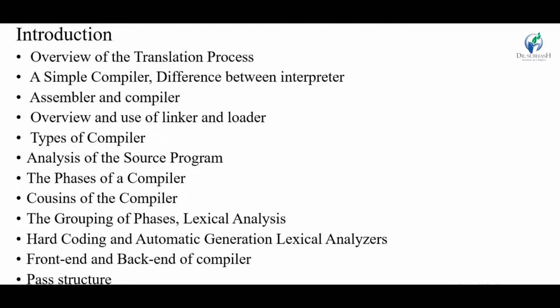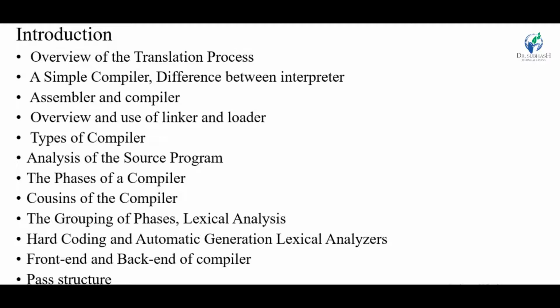Phases of compiler are divided into 2 parts, front end and back end, or analysis and synthesis phase. The analysis phase consists of lexical analyzer, syntax analyzer and semantic analyzer as the front end. Then it generates intermediate code and passes it to the back end, which is the synthesis phase.